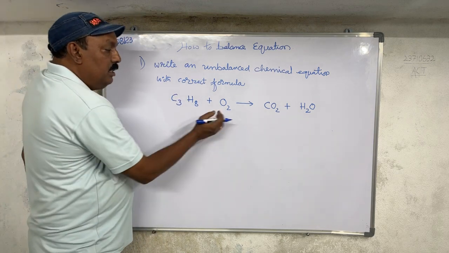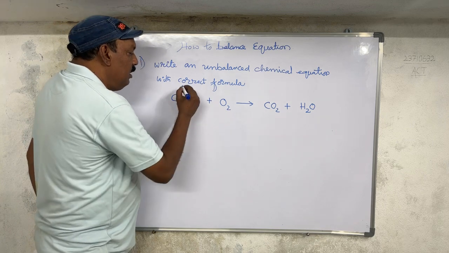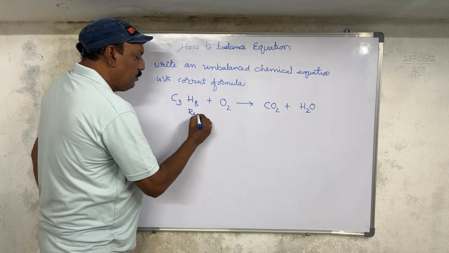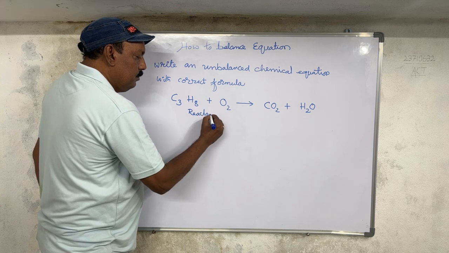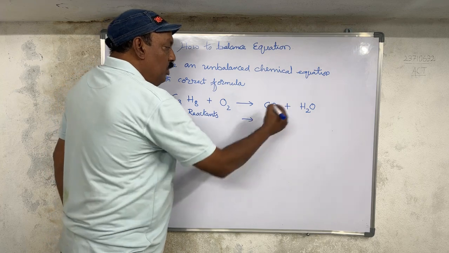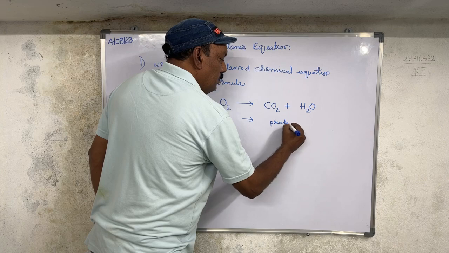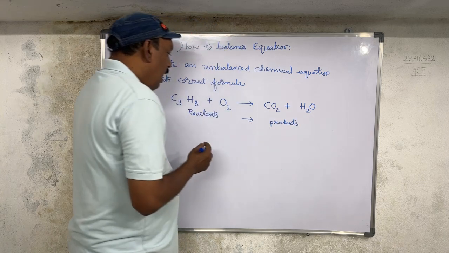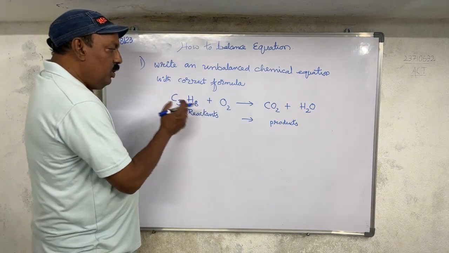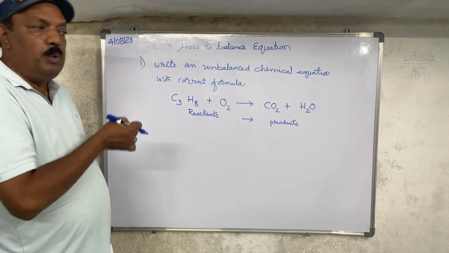Here, C3H8 and O2 are called reactants, and CO2 and H2O are called products. Reactants and products, each and every atom should be equal.